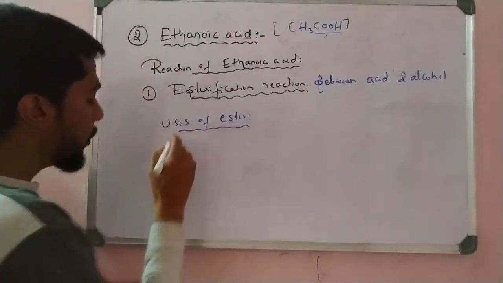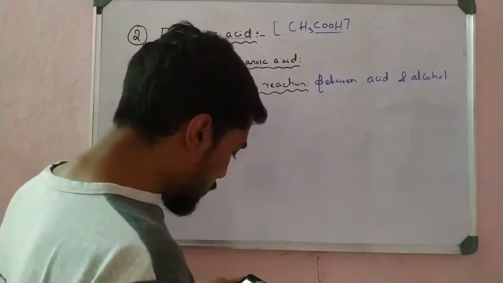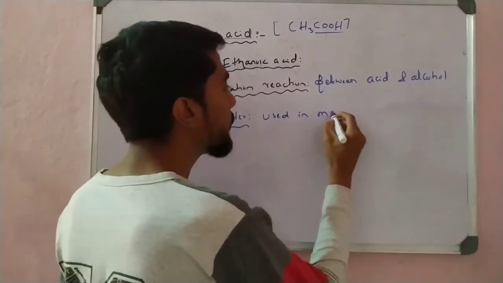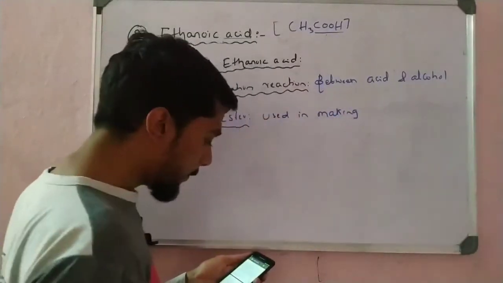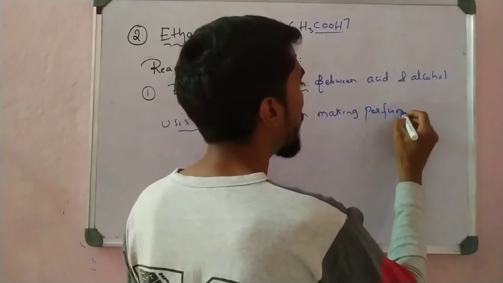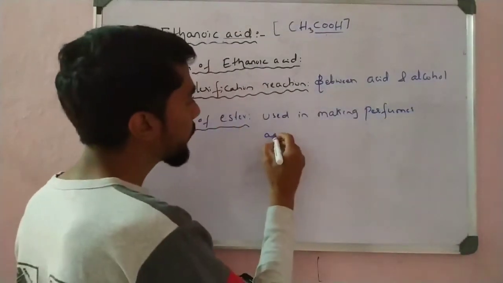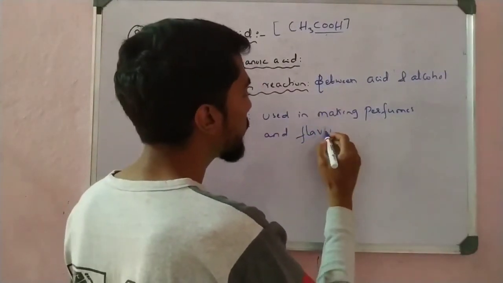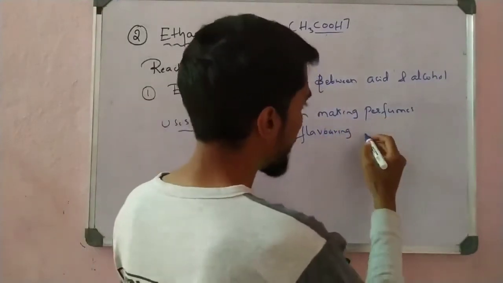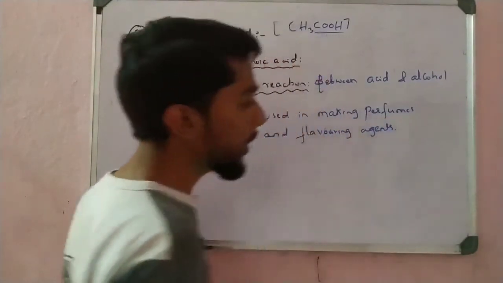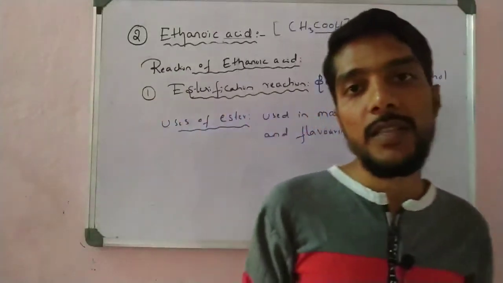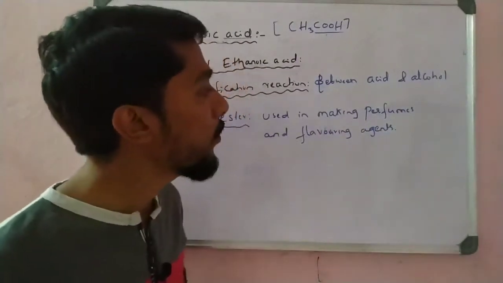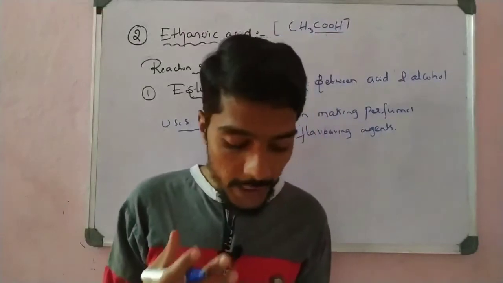Ester is used in making perfumes and flavoring agents, such as vanilla in ice creams and cakes, where the vanilla smell is there. So esters are used in making perfumes and flavoring agents. This is the esterification reaction.